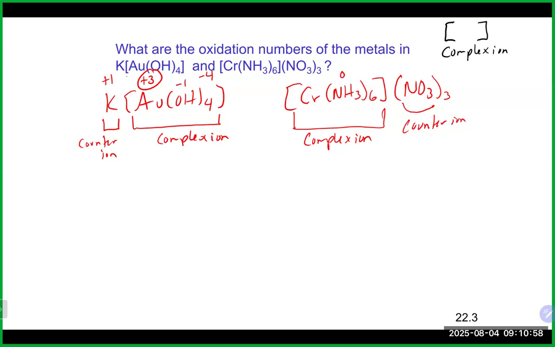No charge, so that's a 0. On the outside, though, we have NO3, which is NO3 minus, which is nitrate. That's a -1 charge. And there's 3 of them, which would give us a -3 in this case. Once again, here, that would mean that the chromium would be an oxidation state of +3 in this particular case. First off, any questions on how to identify the oxidation of?